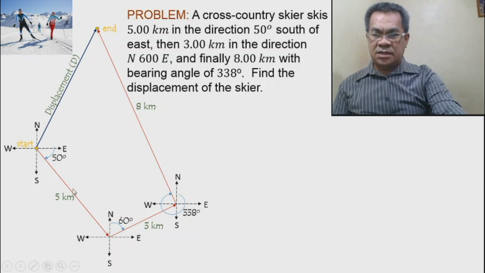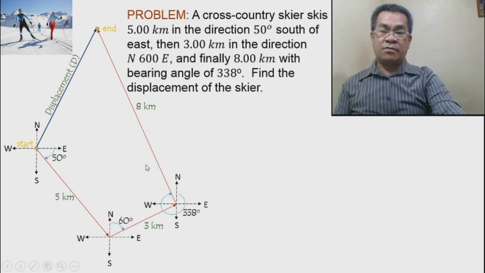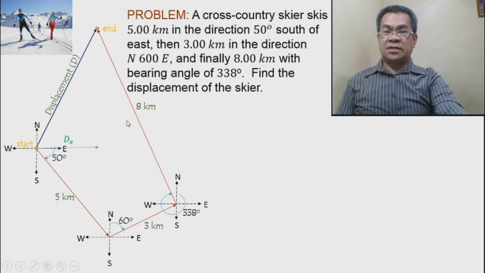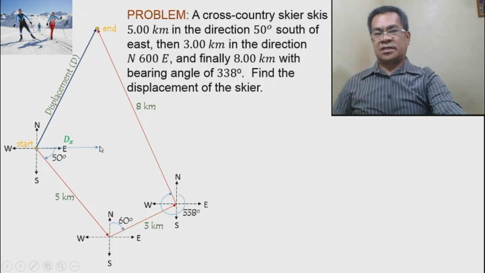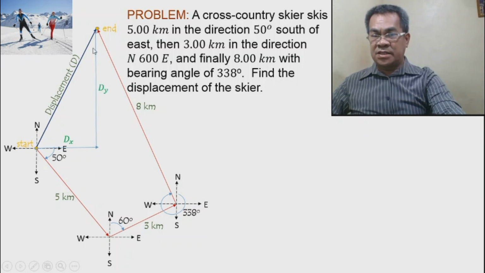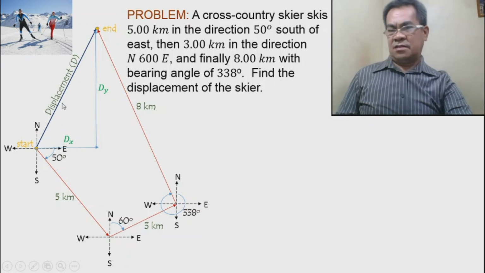Okay, how? Take note, we have these three vectors, 1, 2, 3. Then there are the components. So first thing is to solve for the x component of dy. So the x component is towards this axis, towards S, and your y component is coming from this towards the end point, and this is vertical and this is horizontal. So these are the components of the displacement.